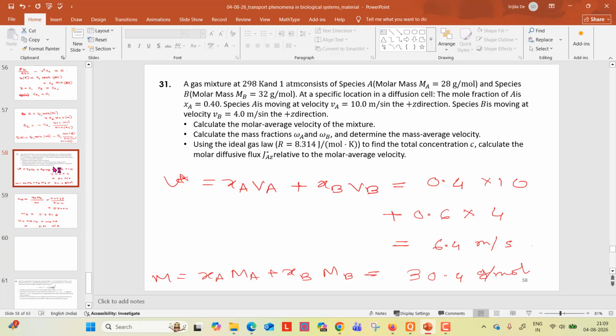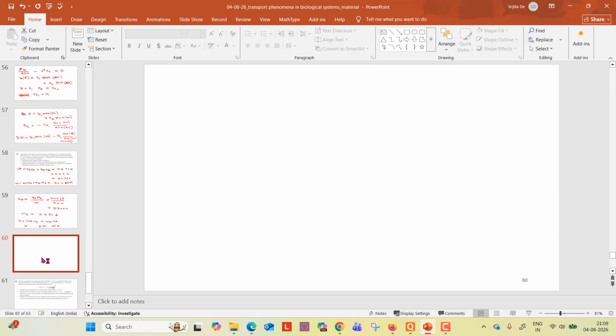Using the ideal gas law to find the total concentration C, calculate the molar diffusive flux related to molar average velocity. So ideal gas law is C equals P by RT, equals 101,325 by 8.314 into 298.